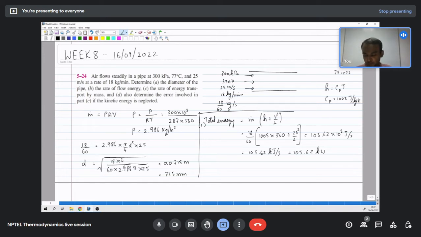So flow energy is m dot into h, which is 18 by 60 into 1005 into 350.